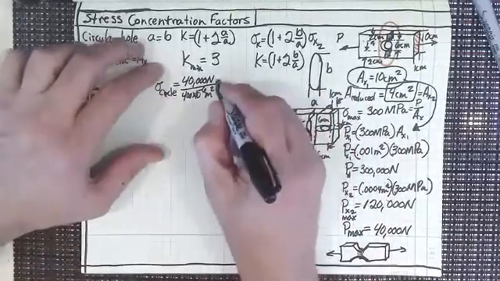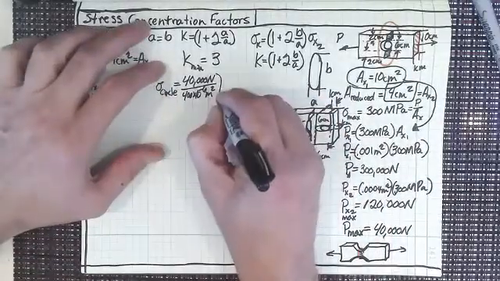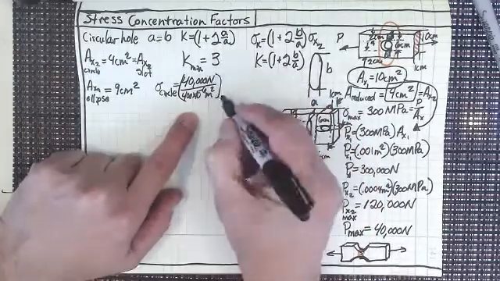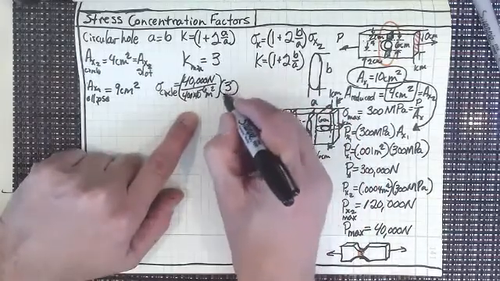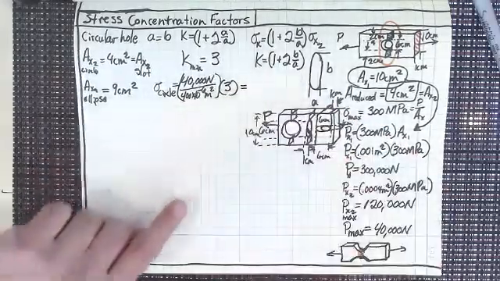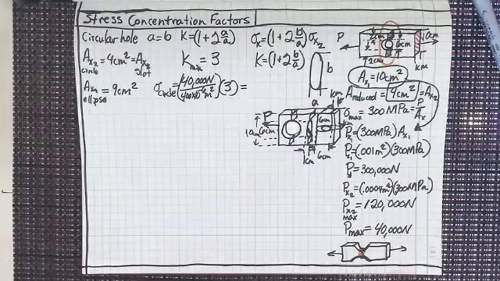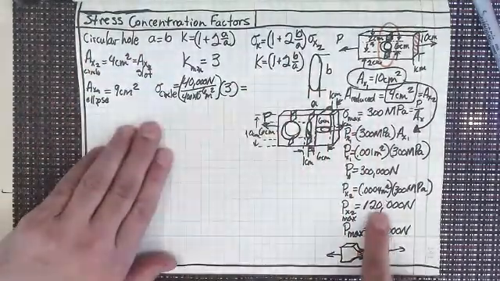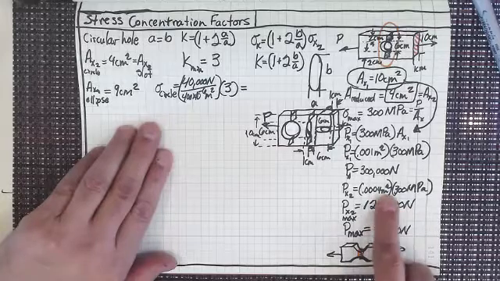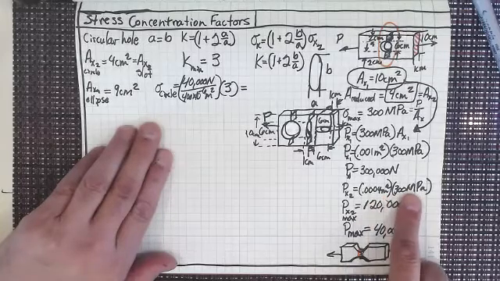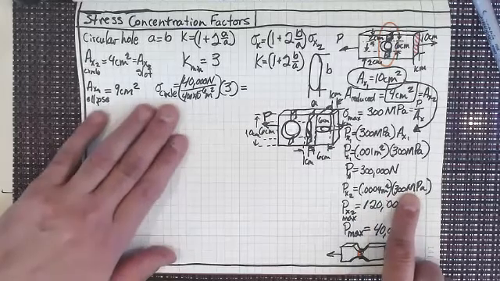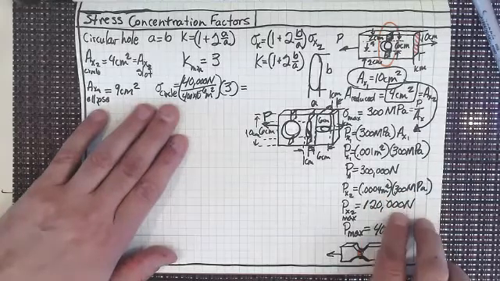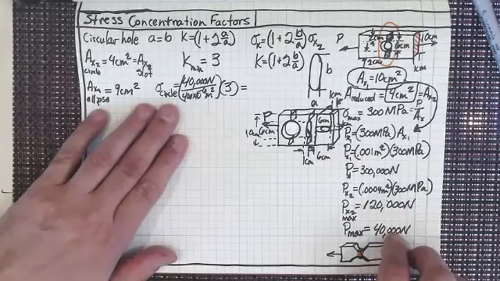And then we've got to multiply this by k, right? And we know for a circle that k is going to be 3. So why is that not seemingly coming out to 1/3? 120.4 times 300 megapascals, and then 3, so 120.